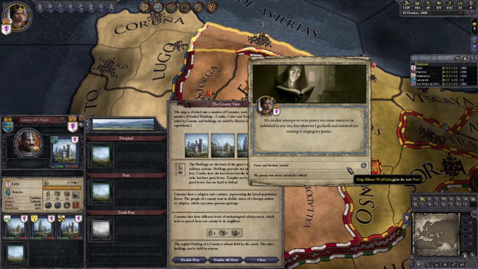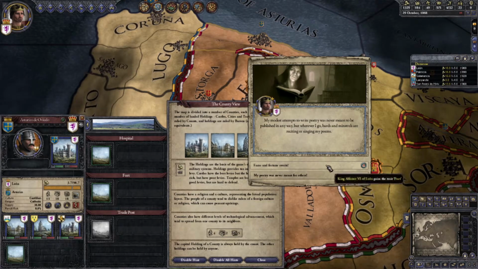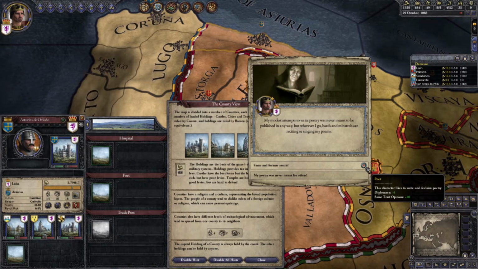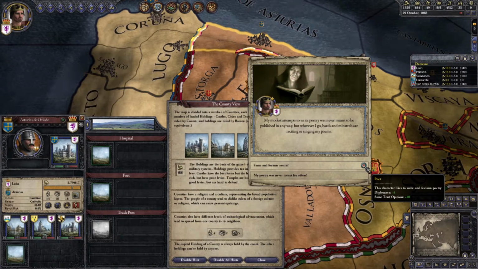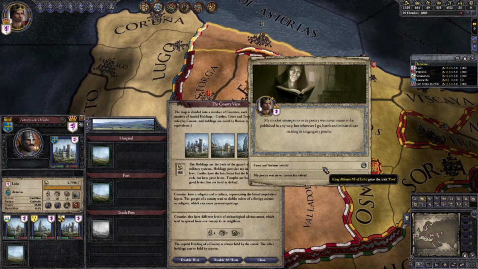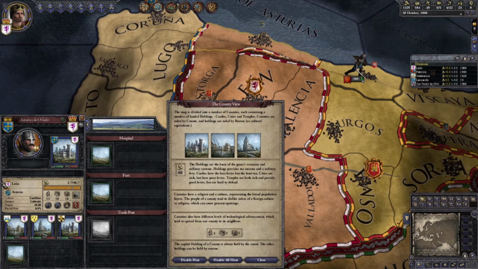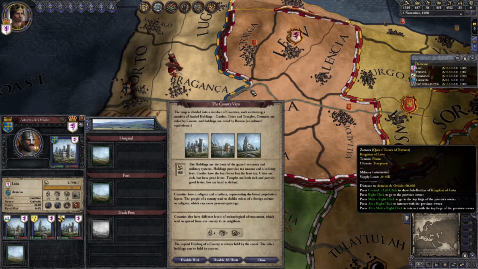Oh bother, inherited all. I'm not a poet. Fame and fortune awaits, so I can have more diplomacy and same trade opinion. This character likes to write and declaim poetry. Sure, let's do it. That's cool that we have just events that happen.